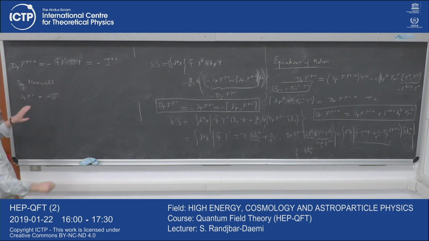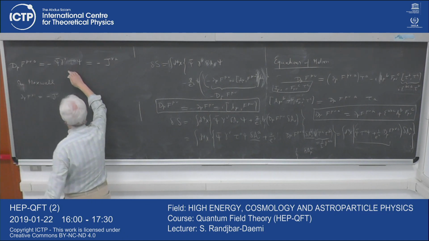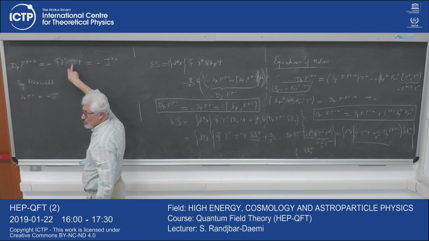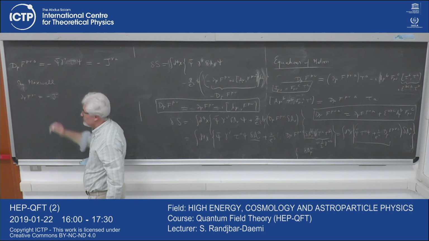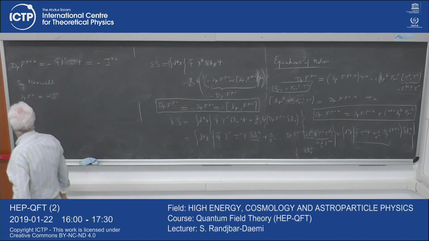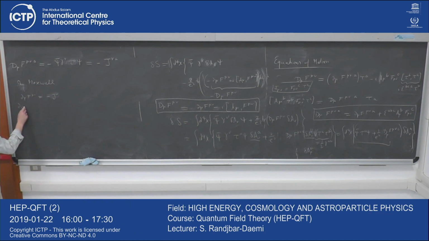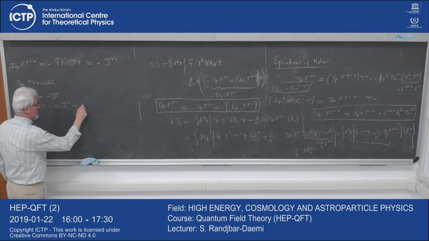So Maxwell corresponds to the case that you set this one to 1 and drop the nonlinear terms on the left-hand side. And this immediately implies that if you act with another d mu on both sides and use antisymmetry of F, it tells you that the current should be conserved.